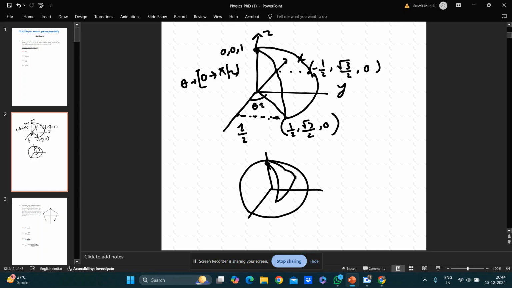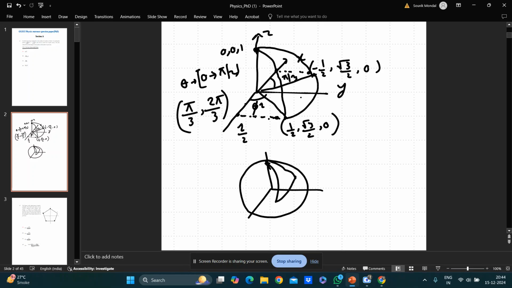You can easily find that tan phi 1 is root 3 by 2 divided by 1 half, so phi 1 is 60 degrees. So it starts from 60 degrees, that is pi by 3, and it moves to this point, minus 1 by 2, root 3 by 2. What is this total angle? Similarly, you can find that this angle is pi by 3. So pi minus pi by 3 is 2 pi by 3. So phi moves from pi by 3 to 2 pi by 3.